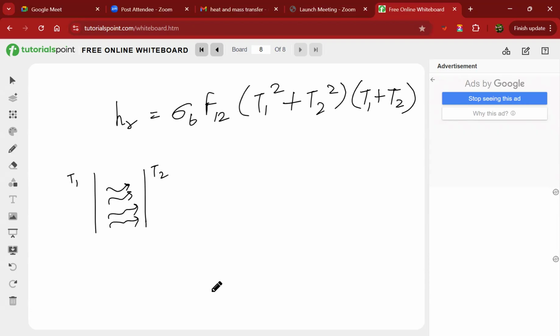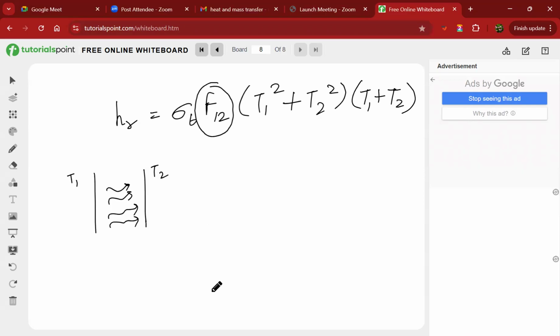Since this radiative heat transfer is governed by the Stefan-Boltzmann law, but to reach this particular surface it might have some medium, and it might have some geometry. So this F12 is coming from the geometry of my specimen through which heat transfer is happening via radiation mode.